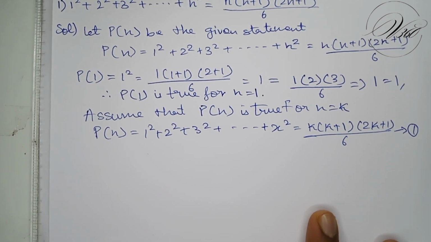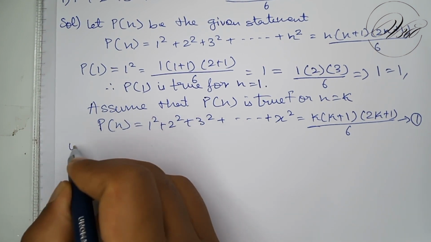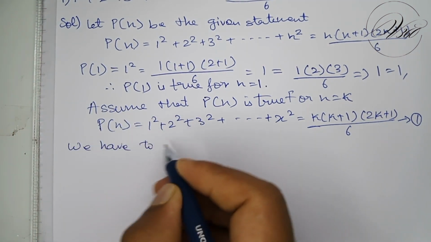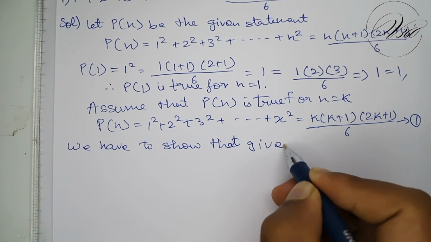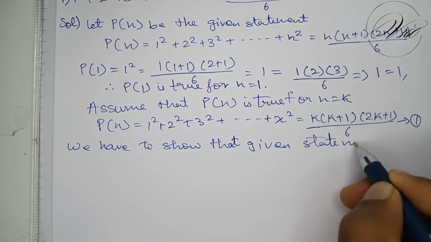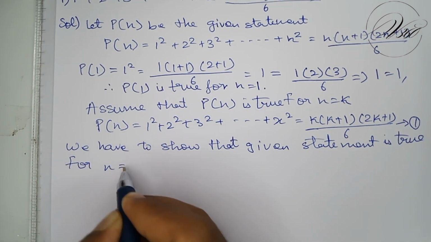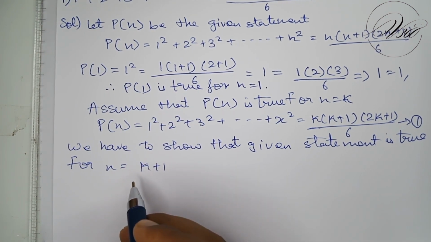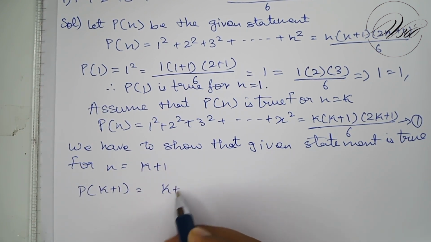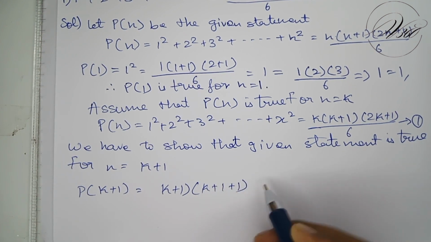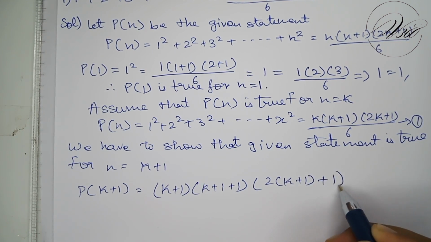Now here I will write, we have to show that the given statement is true for n is equal to k plus 1, then we will get P of k plus 1 is equal to k plus 1 of k plus 1 plus 1 of 2 of k plus 1 plus 1 by 6.